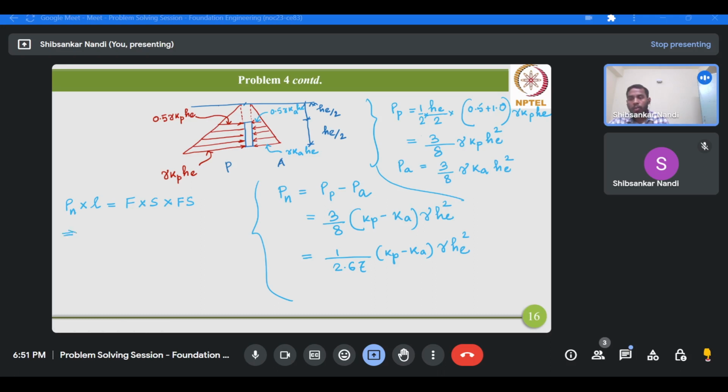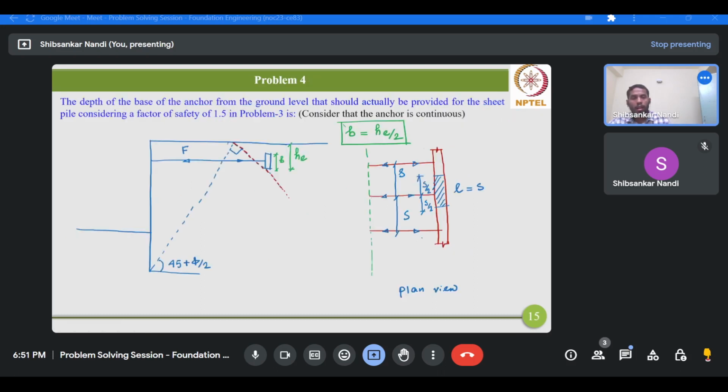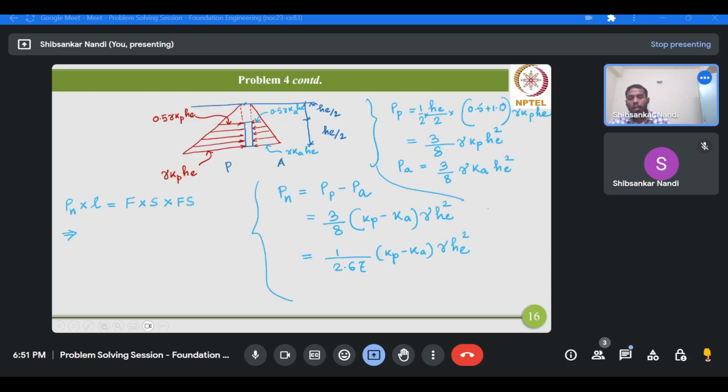Now for the continuous case, so this is when your anchor is continuous. So for the continuous case, your L becomes S. So this L and S will cancel out. So therefore your Pn would be simply F multiplied by factor of safety.